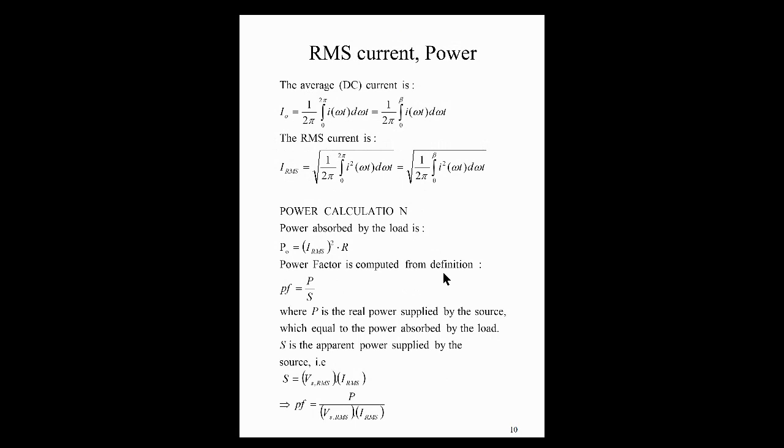Sometimes we're asked to calculate the power factor in the circuit. That is the ratio of true power to apparent power. Apparent power S is given by the input RMS voltage multiplied by the RMS current.